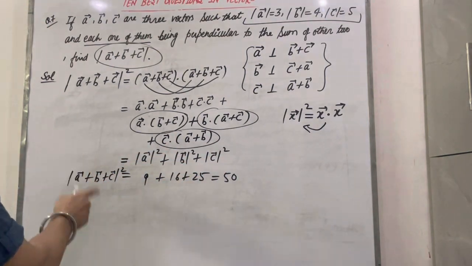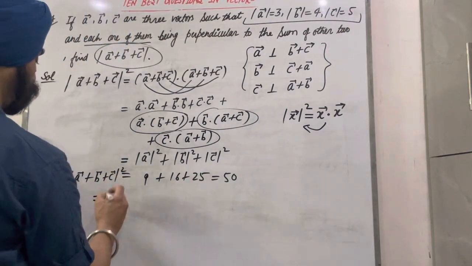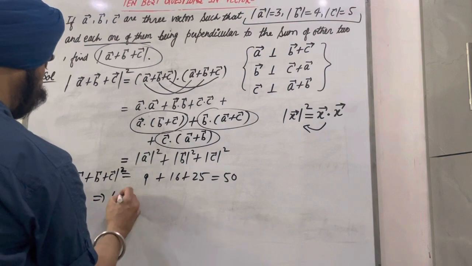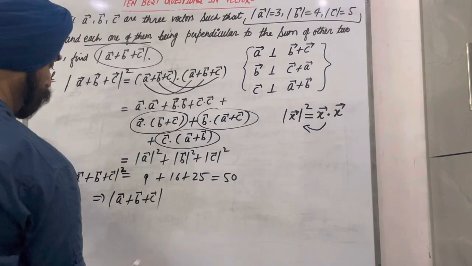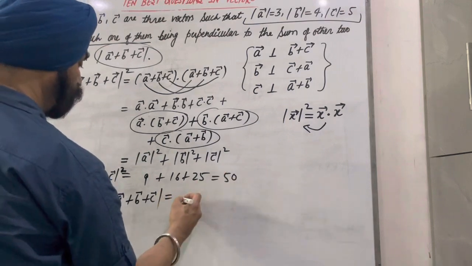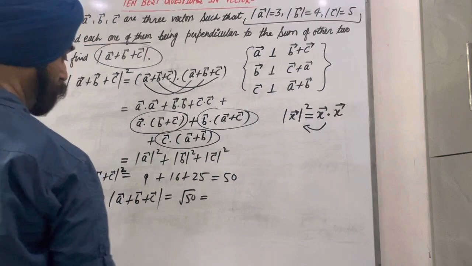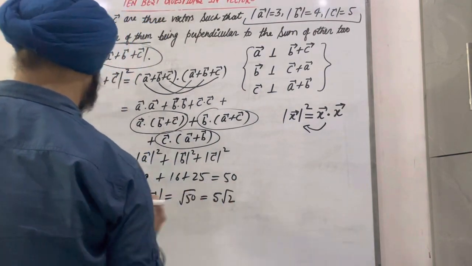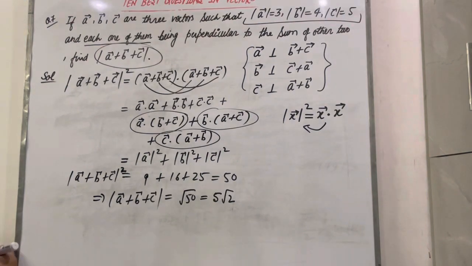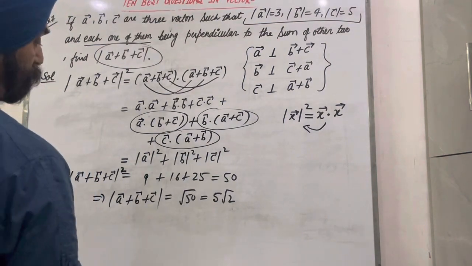Since we are dealing with magnitude, we just need to take the positive square root of this term. So towards the end, I can write magnitude of vector A plus vector B plus vector C is the positive square root of 50. 50 is 25 multiplied by 2. So I can write 5 root 2 as the magnitude of vector A plus vector B plus vector C.